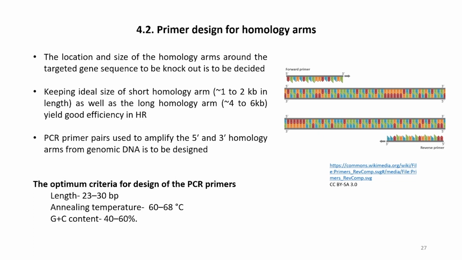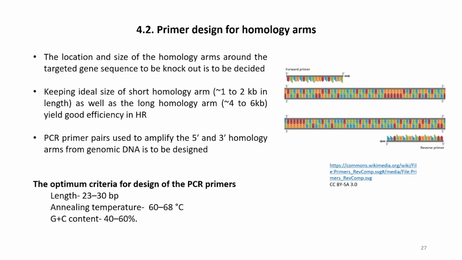So, the location and size of the homology arm around the targeted genetic sequence to be knocked out is to be decided. Keeping an ideal size of short homology arm, 1 to 2 kb of the sequence is targeted, and for the long homology arm 4 to 6 kb of sequence will yield good efficiency in the homologous recombination.